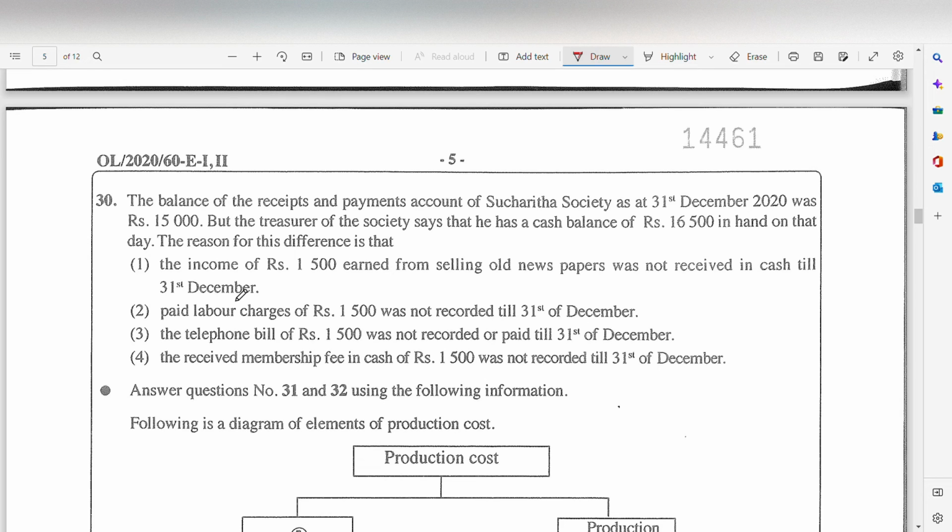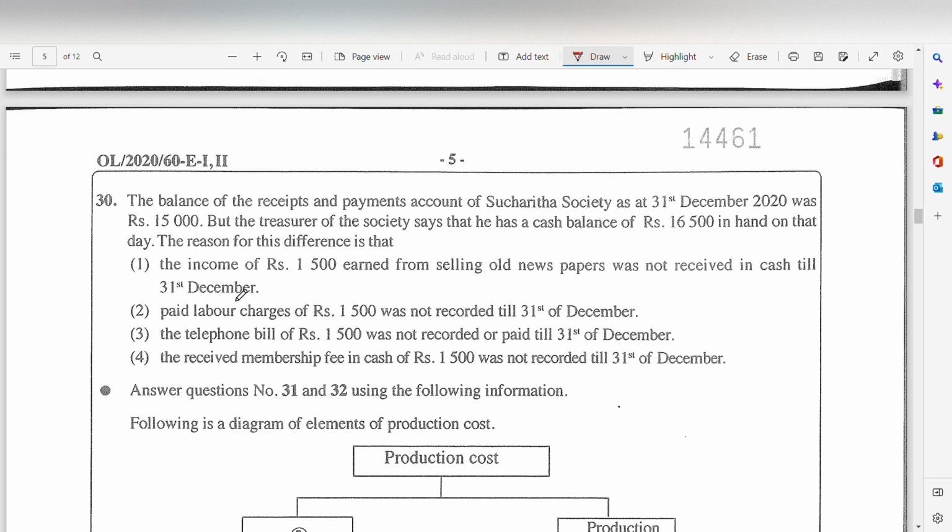Second one, paid labor charges of rupees 1,500 was not recorded till 31st of December. Now, here you have paid 1,500, which means there is a cash outflow, but you haven't recorded it in the books. So if you are going to record it now, it's going to be further lesser. Why?